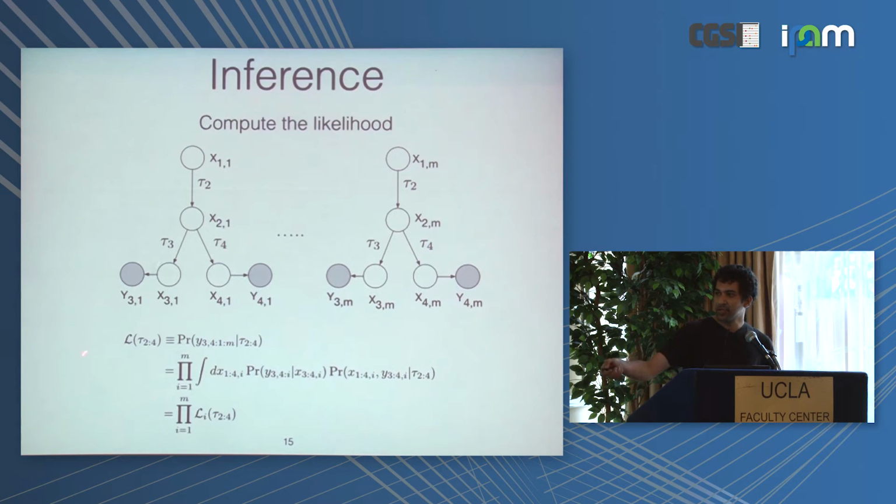And again, this of course decomposes into m separate terms because of independence. Each of these m terms is obtained by integrating out the values of the hidden variables, the x's. So you have the product of m separate likelihoods, where each of these likelihoods is obtained by computing these integrals.